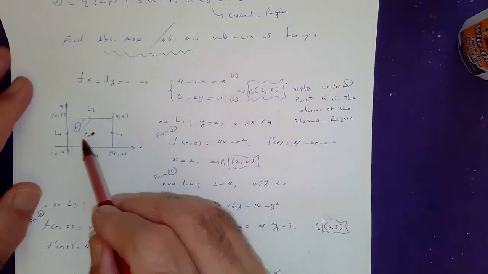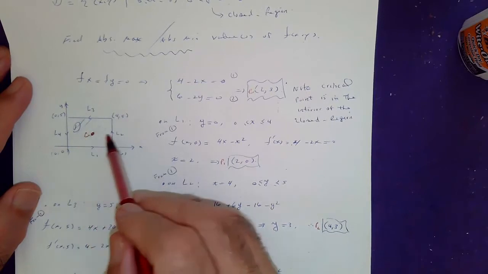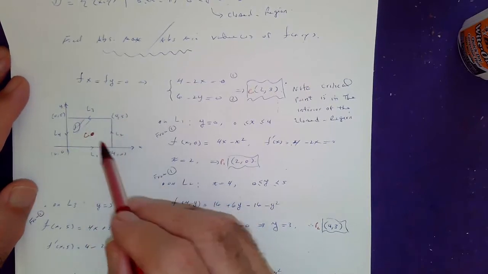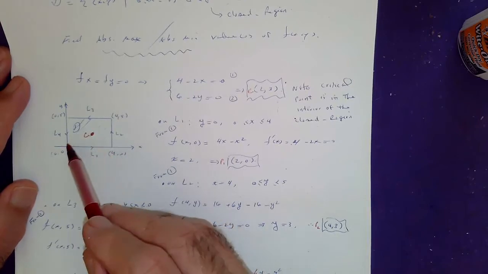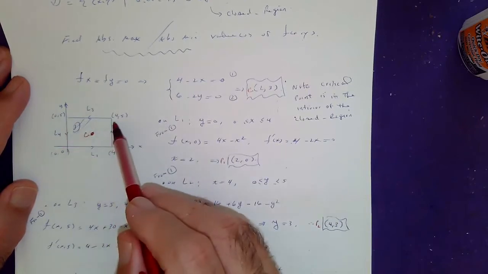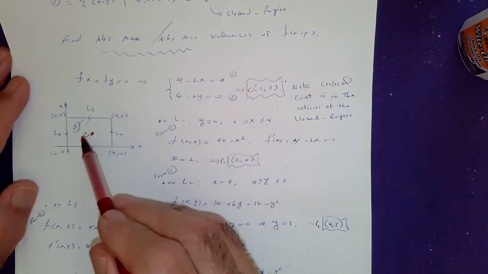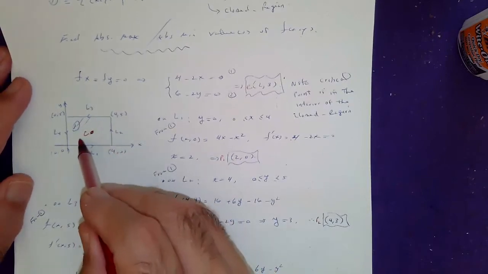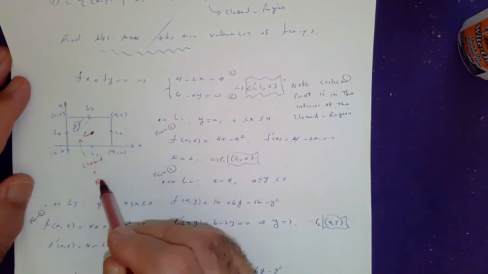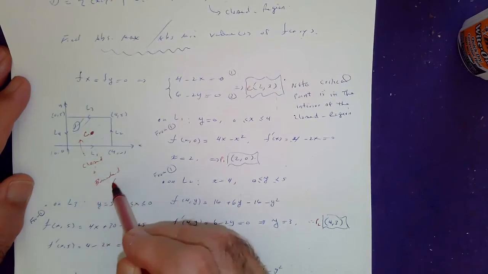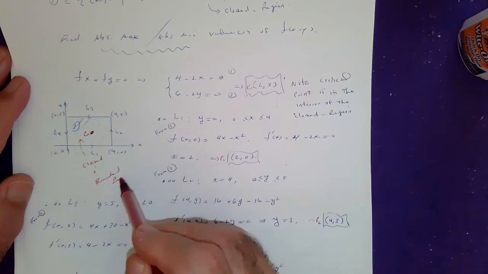In other words, you are restricted to this rectangle. Do you see it? So x goes from 0 to 4, y goes from 0 to 5. So that means you have a closed and bounded region.